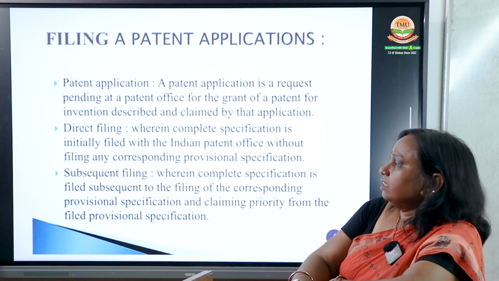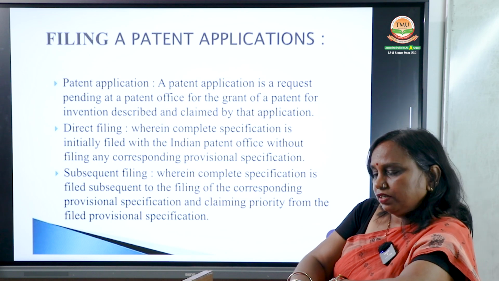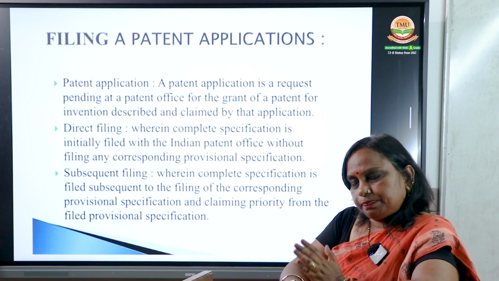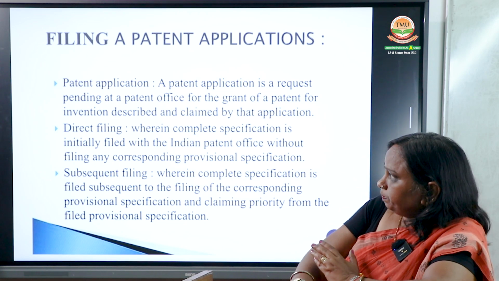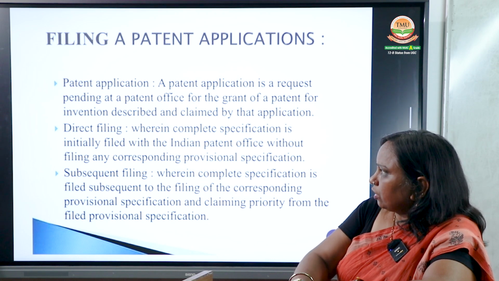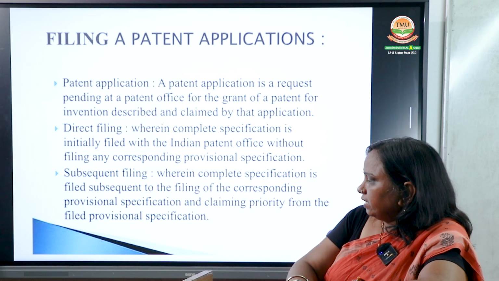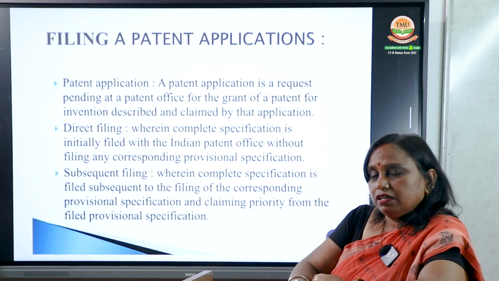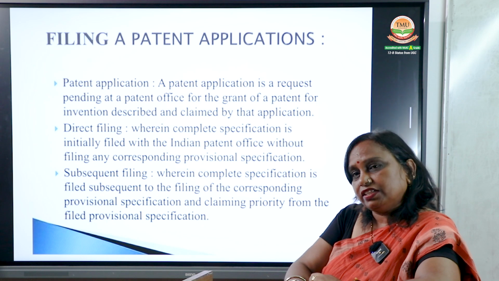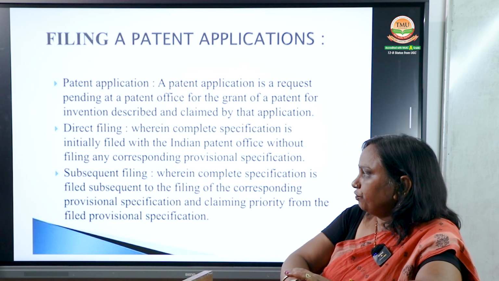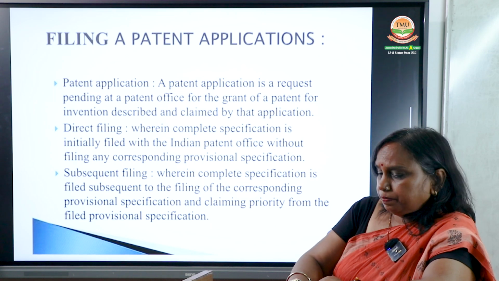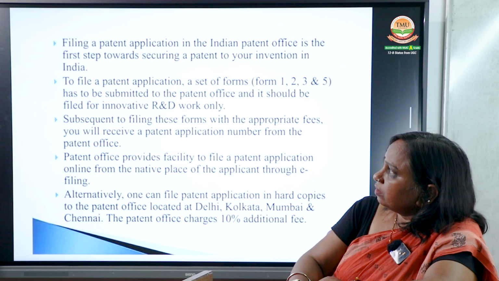Then direct filing. If the inventor is ready with the specification, then the person can file the application for the grant of patent. And then subsequent filing: if the inventor is not ready with the specification, then they can go for filing the provisional specification.